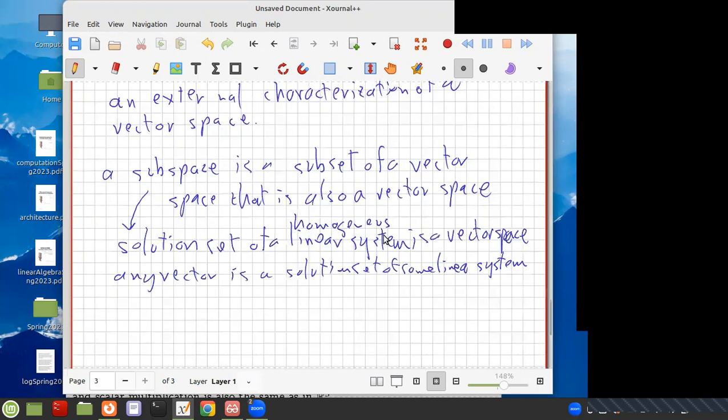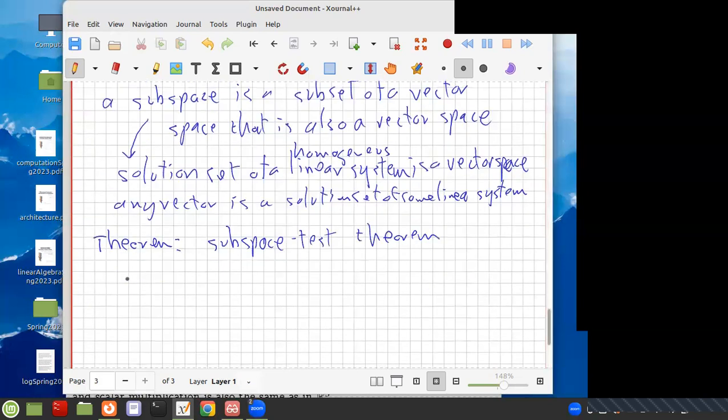Now, we could verify all those properties to say it's a vector space, but there's a theorem, the crucial theorem, the subspace test theorem, which says two things are equivalent. A: S, a subset of V, is a subspace.